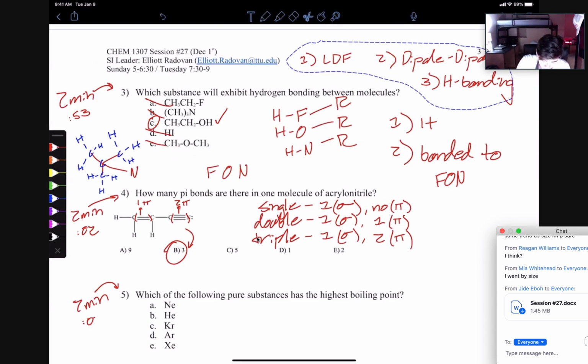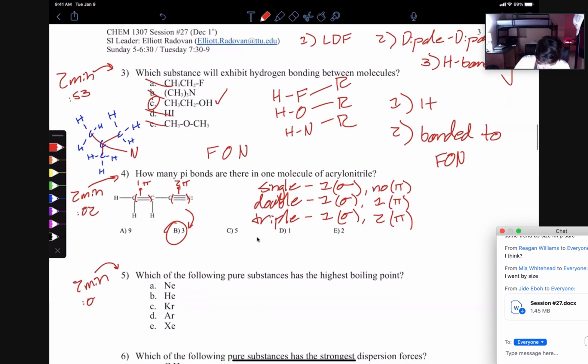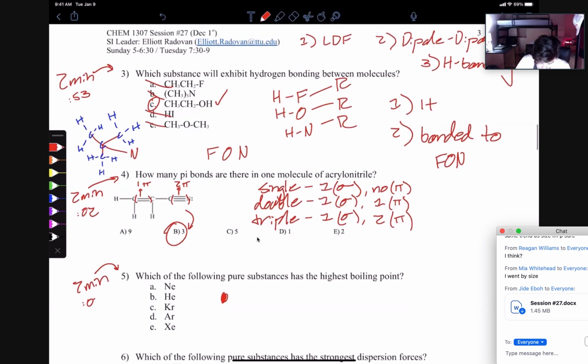So London dispersion, dipole-dipole, hydrogen bonding. Obviously, these are all going to be treated as individual atoms sort of in a mixture, right? So no dipole-dipole because you can't have a dipole in a single atom. Obviously, no hydrogen bonding either. So the only type of intermolecular forces we're going to have are London dispersion forces.